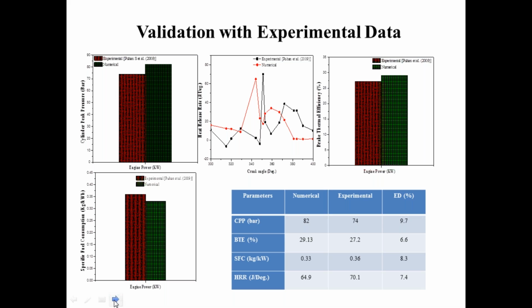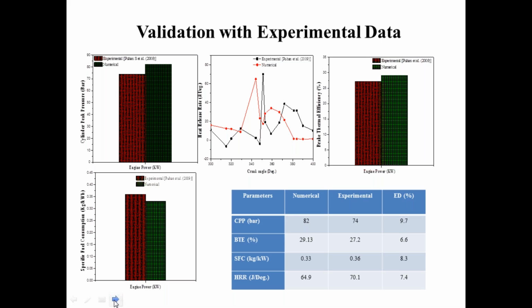Again, in this table you can check that the comparison shows very little deviation, so the diesel RK software is in good agreement with the numerical and experimental results. These two figures, the previous one and this one, show clearly that the numerical results are in good agreement with the experimental values.